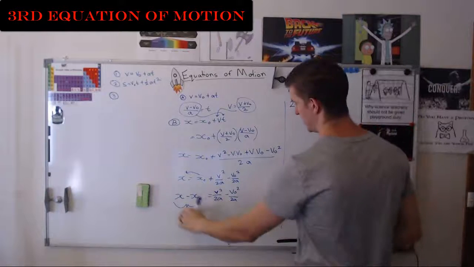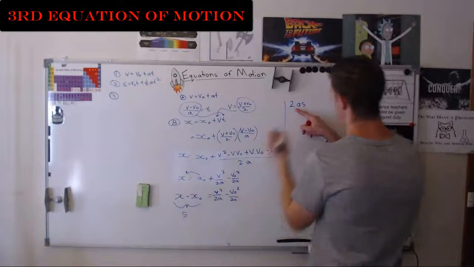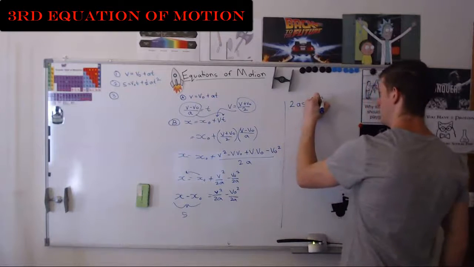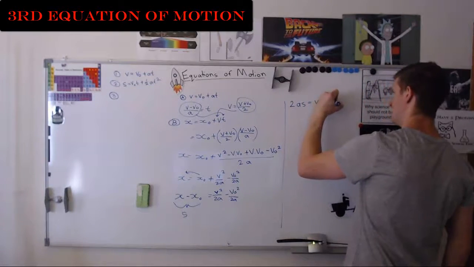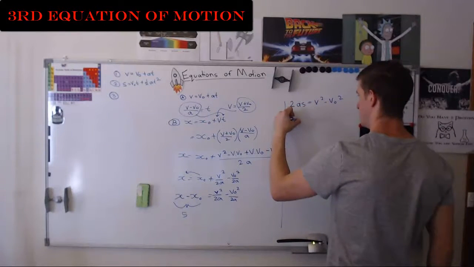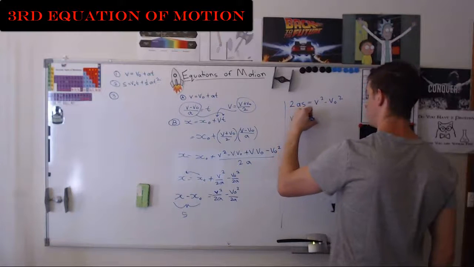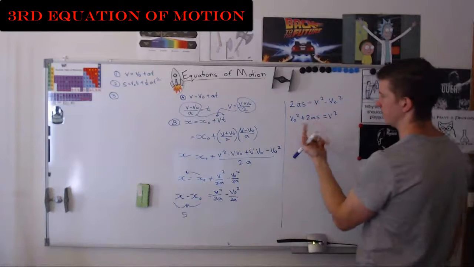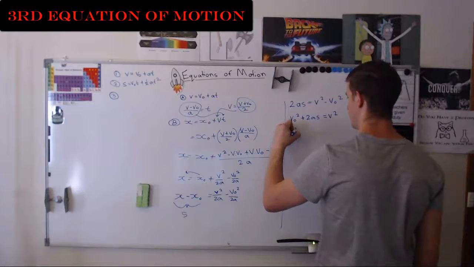The 2a comes from here, the s was just the x minus x naught. That's going to equal v squared minus v naught squared. And then I move that across, I'll get v naught squared plus 2as equals v squared.